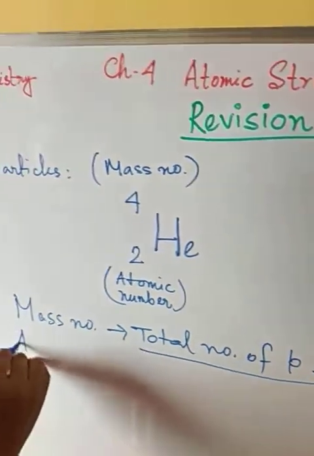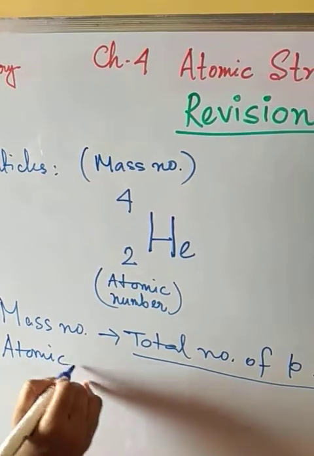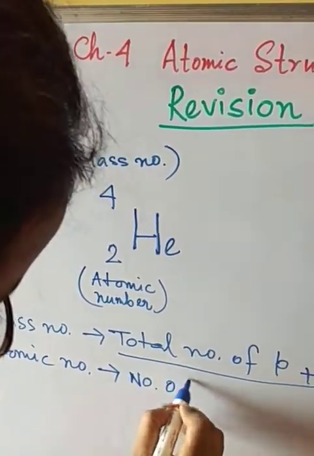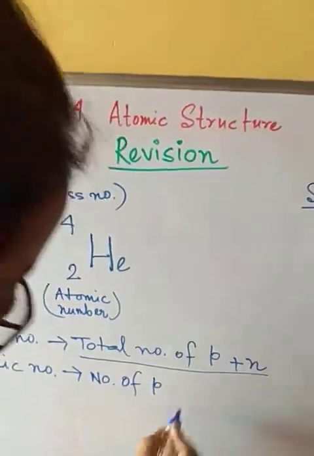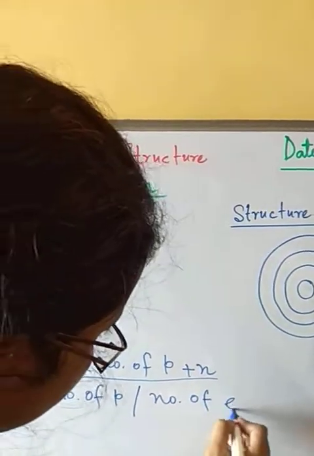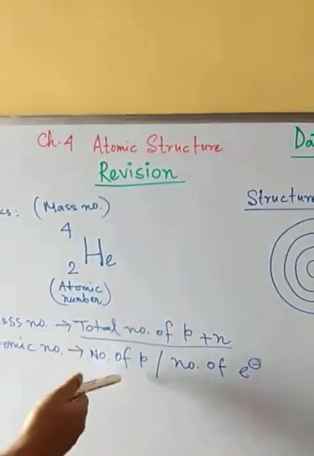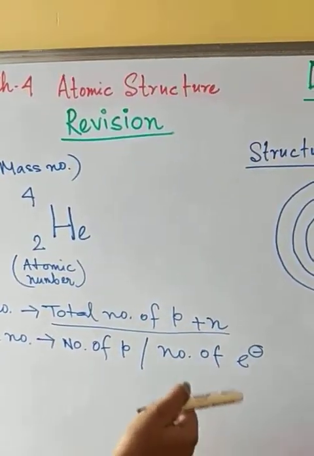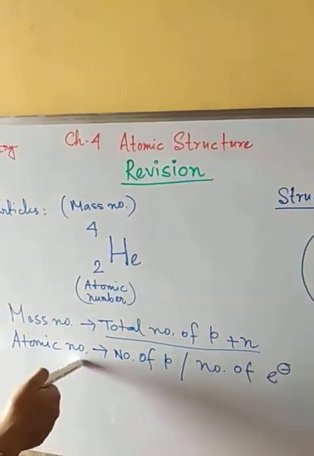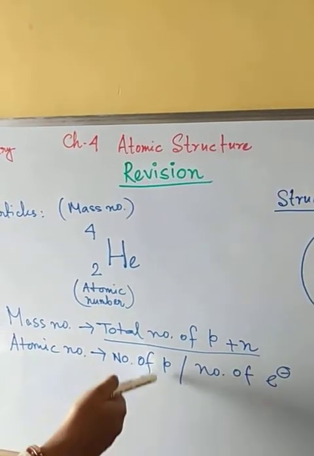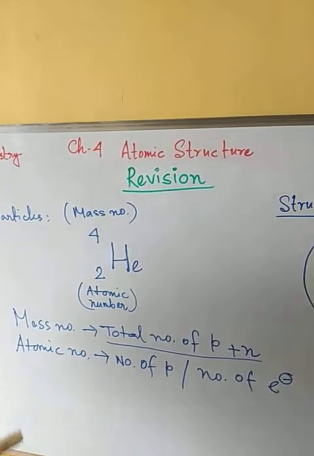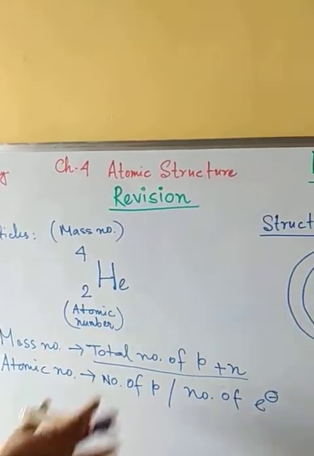Whereas atomic number is the number of proton or the number of electron. As the number of proton and the number of electron are the same for an atom, that's why it is neutral. So atomic number can be represented either by number of proton or by number of electron. So this will be same for each and every atom if it is neutral.